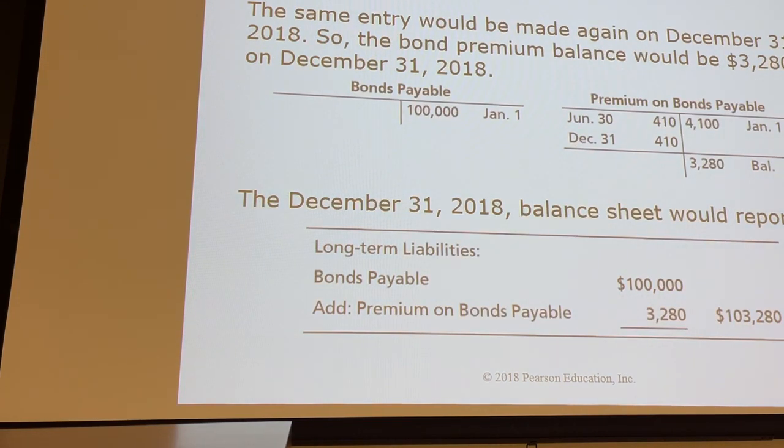Then a year later, after there have been 2 interest payments, what's going to appear on the balance sheet will say bonds payable $100,000, add premium on bonds payable $3,280, and the carrying value of the bonds at that point in time will be $103,280.